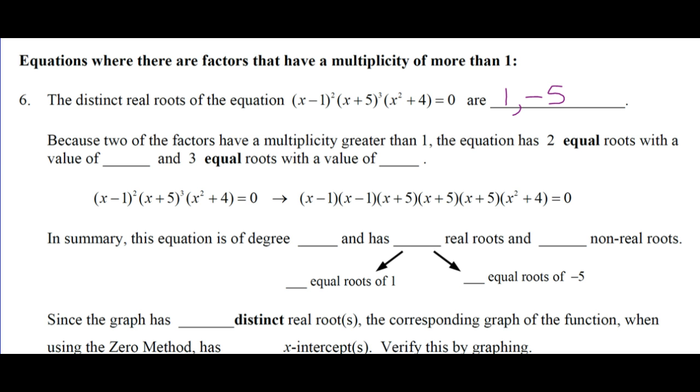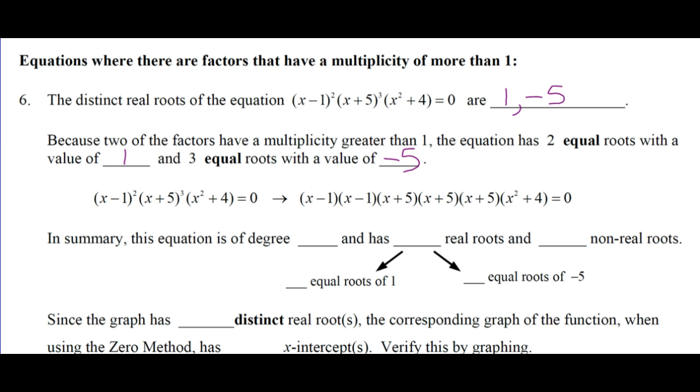Because 2 of the factors have a multiplicity greater than 1, the equation has 2 equal real roots with a value of 1. So there are 2 roots. We call them 2 equal real roots. And 3 equal real roots with a value of negative 5.